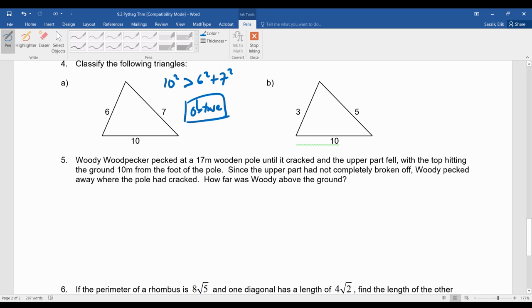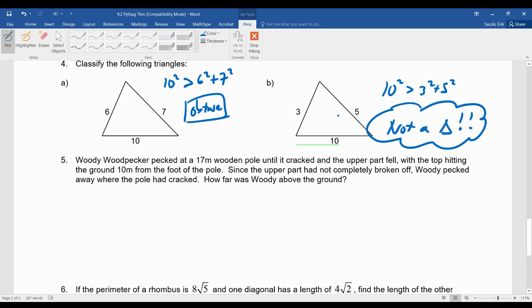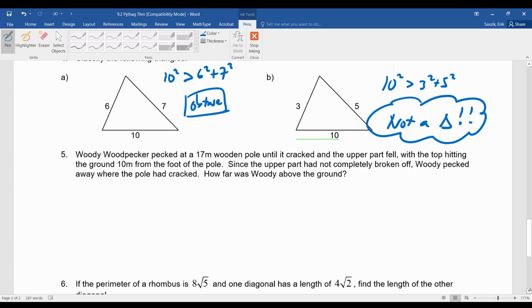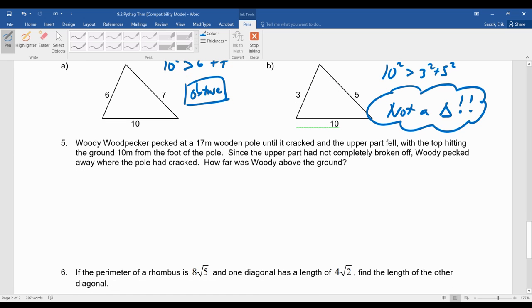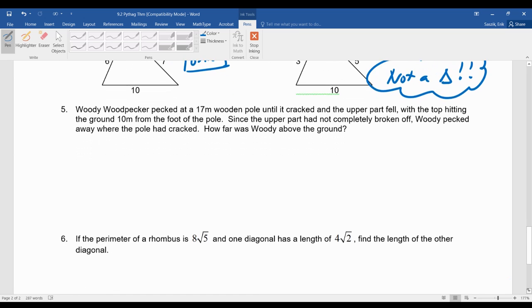Be careful with this one, because when you first look at it, you say 10 squared is greater than 3 squared plus 5 squared. So it's tempting to write obtuse. But when you look at it, this is not a triangle. You can't make a triangle with these side lengths, not possible, because the two short sides have to add up to more than the long side.